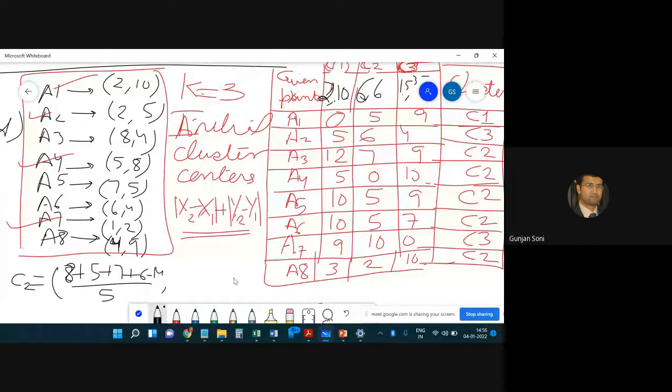So can you tell what is noisy data? Can anyone tell what is noise in data? Noise refers to outliers. All the outliers are called noise.